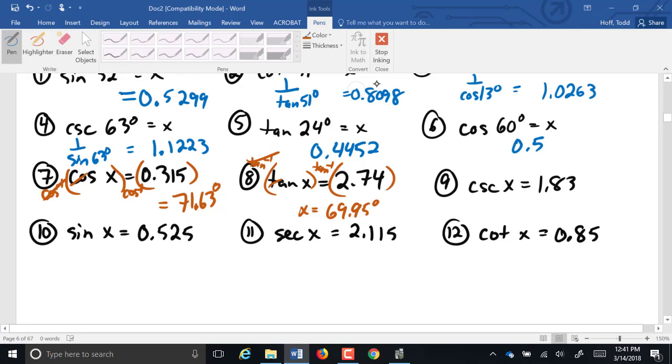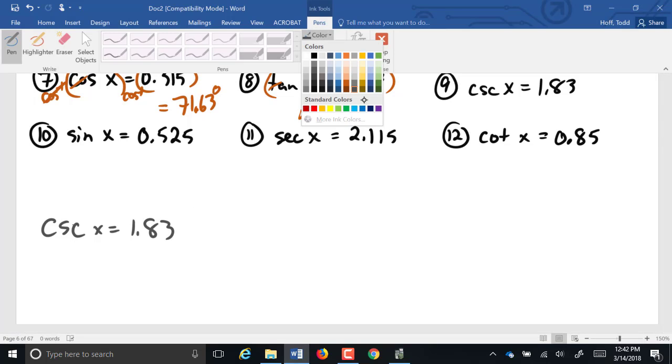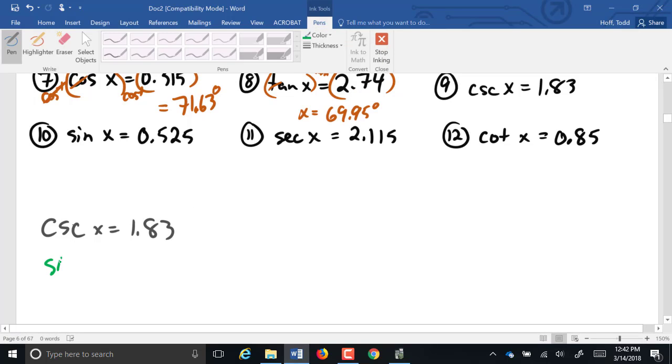Now cosecant. Well, cosecant, remember, is the reciprocal of sine. So cosecant of x equals 1.83. That means that the sine of x equals the reciprocal of 1.83. So we're going to do an inverse sine to get rid of the sine.